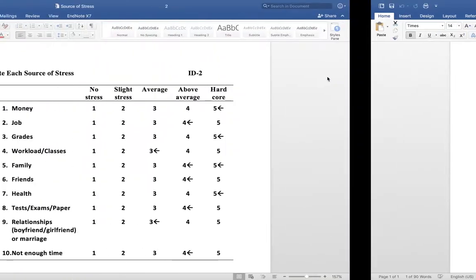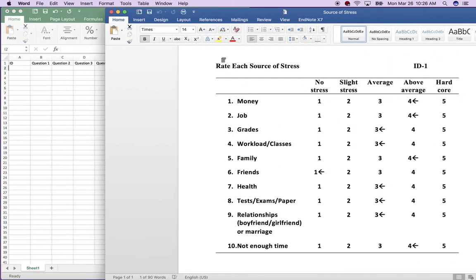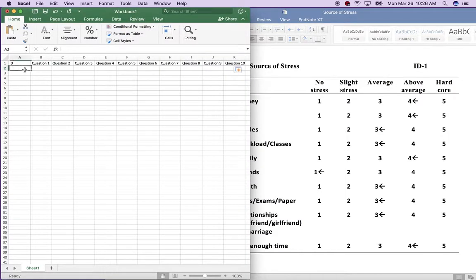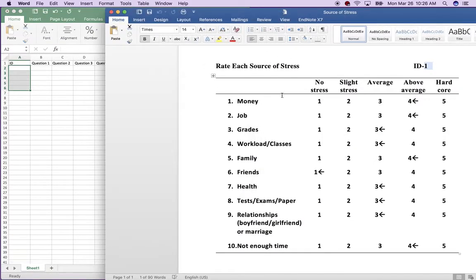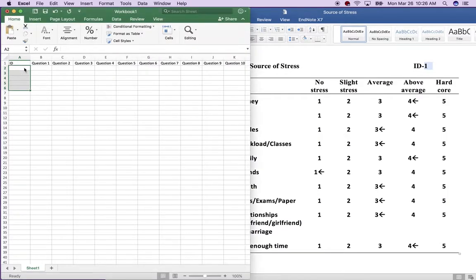So each of your questionnaires need to have an ID. The ID goes in column 1, and that way you can keep track of which survey the questions came from. So this is ID 1. So we'll put ID 1 here, ID 2 here, and ID 3 here.